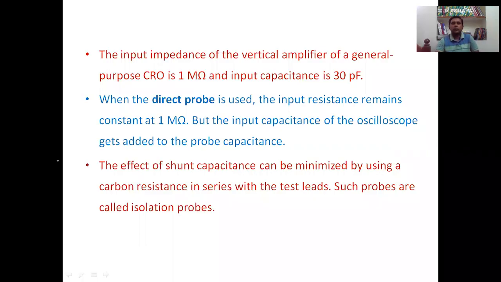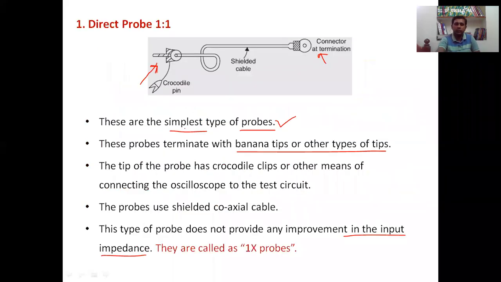The input impedance of the vertical amplifier of a general purpose CRO is 1 mega ohm, and the capacitance is 30 picofarads. When this direct probe is connected, the input resistance remains constant at 1 mega ohm. That is what I just said in the previous slide, last point: this type of probe does not provide any improvement in the input impedance.